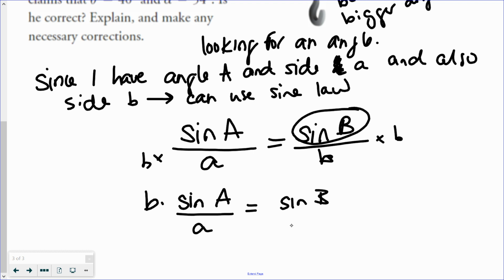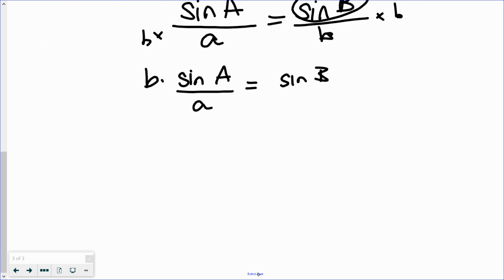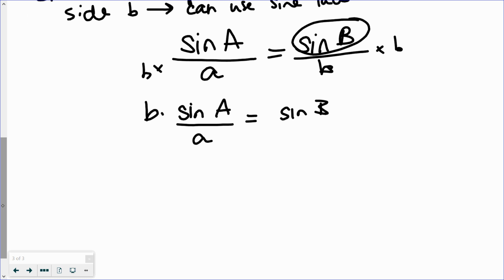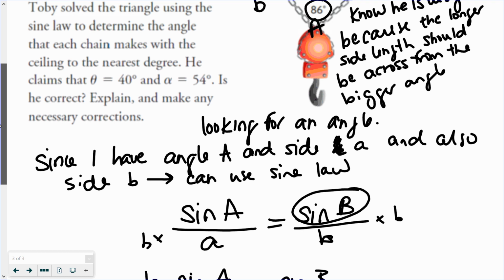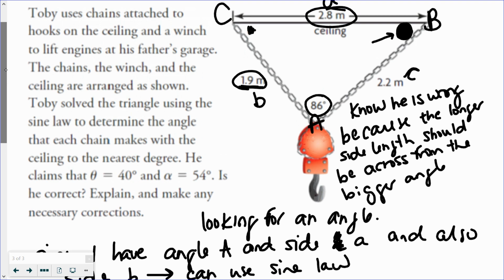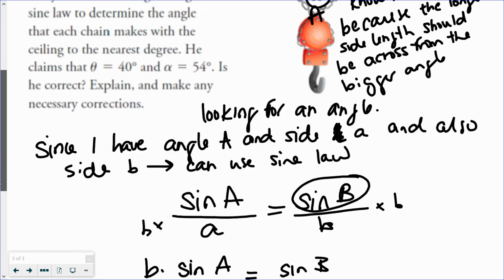We're not quite done when we get to this point, and you will recognize that we're not done just based on how the answer comes out. So side length B, if I go back up, was 1.9 meters. Side length A was 2.8, and angle A was 86.